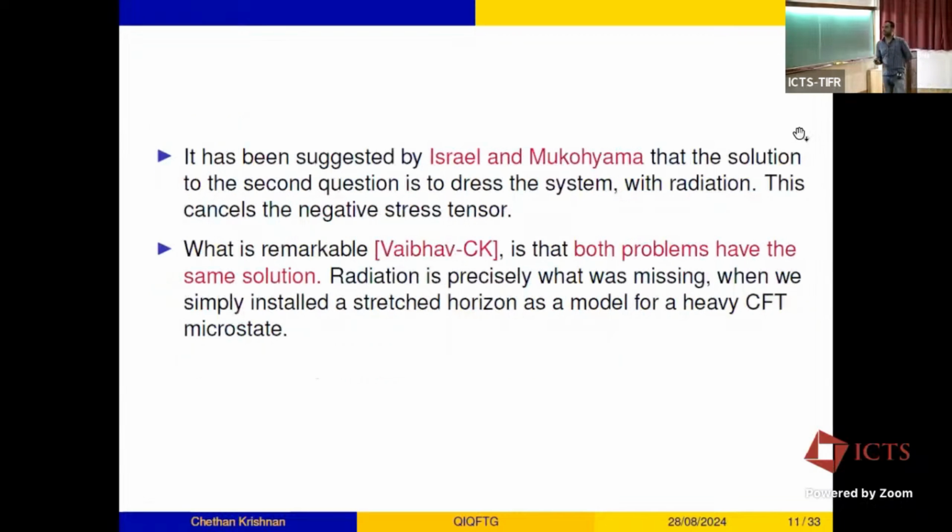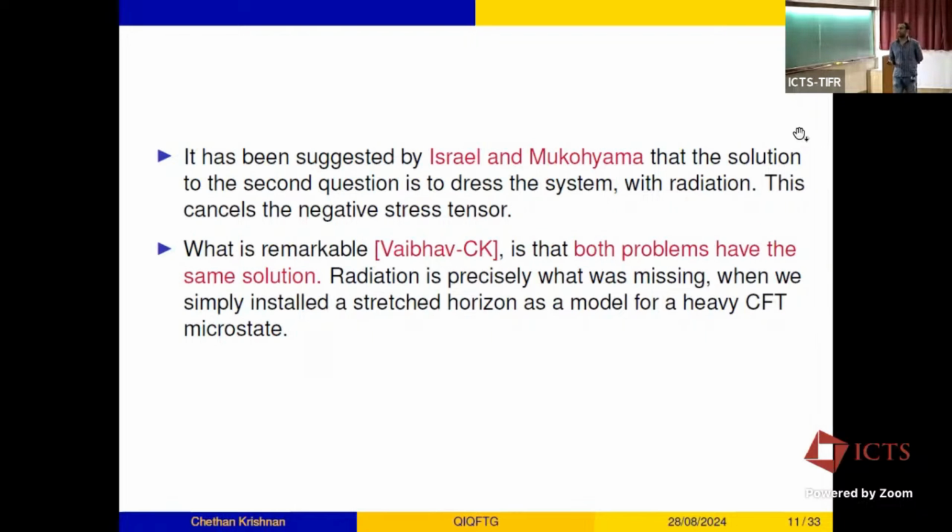It has been suggested, in what I think is an interesting paper that doesn't have many citations, by Israel and Yukawa, that you should dress the system with radiation. They were trying to legitimize the construction of 't Hooft, and in the paper they say that 't Hooft himself was hesitant to take it seriously because of various issues, like the ones they are solving in some sense.